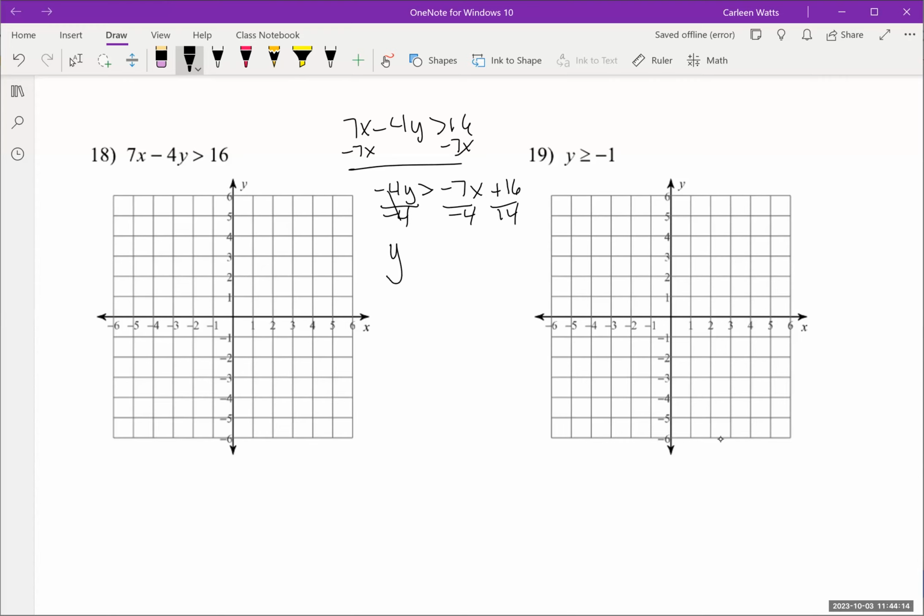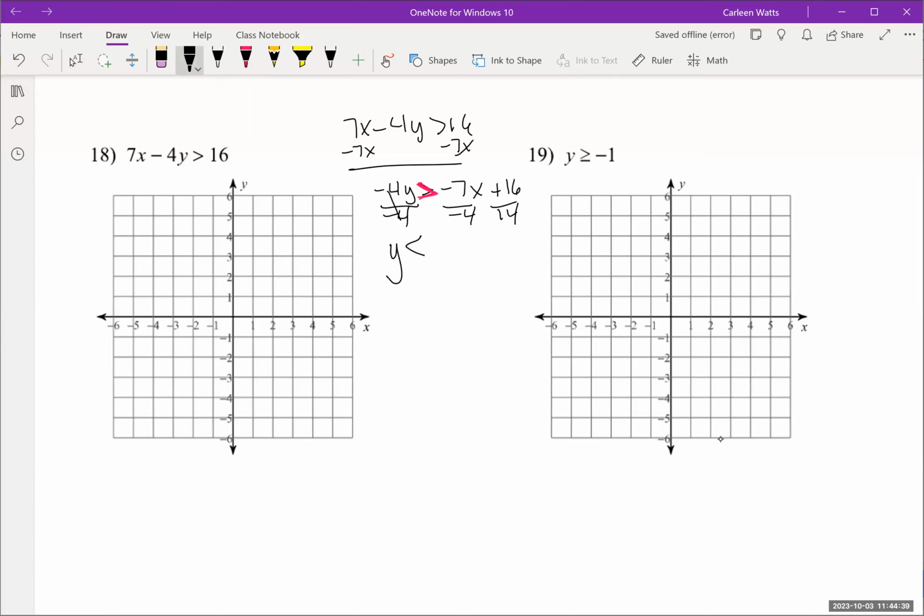In Algebra 1, a long time ago, we learned that if you have an inequality and you divide or multiply by a negative number, what happens to the inequality? It flips. So because I divided by a negative, I flip it.